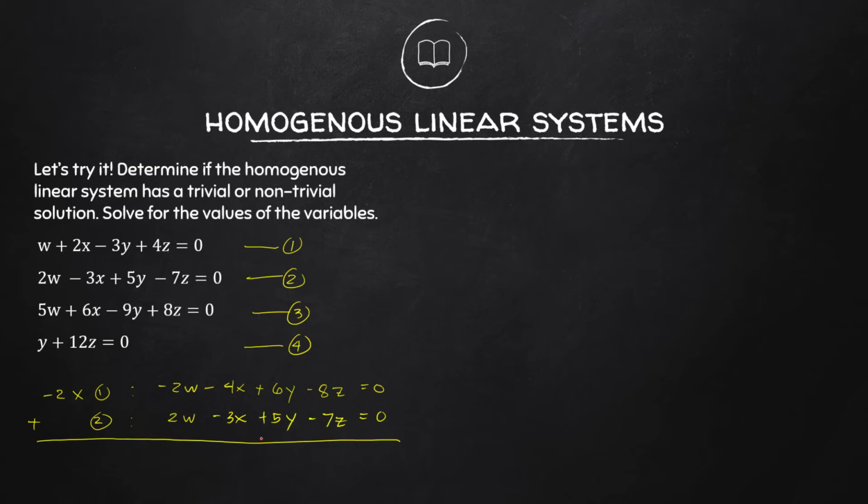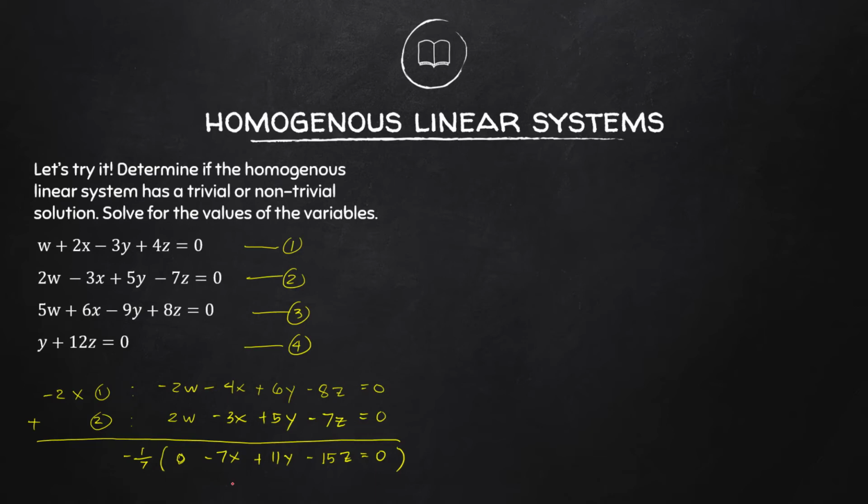Take the sum of these two equations. We have 0 minus 7x plus 11y minus 15z equal to 0. And let's try to eliminate this coefficient of x by multiplying the whole equation by negative 1 over 7.